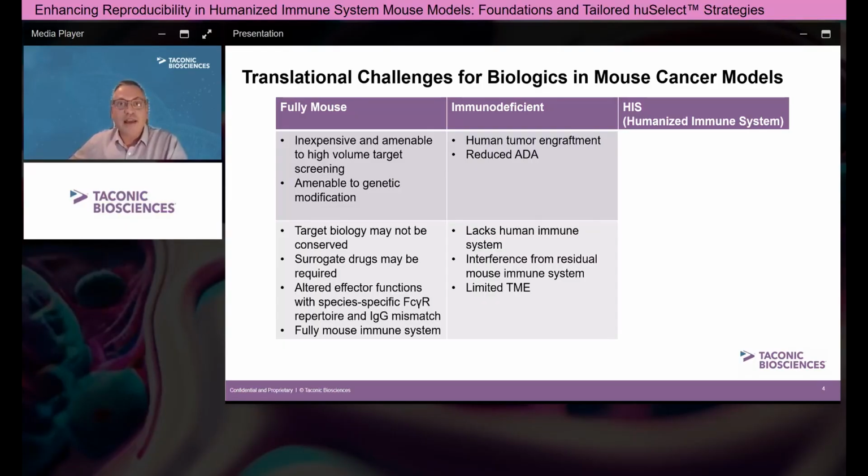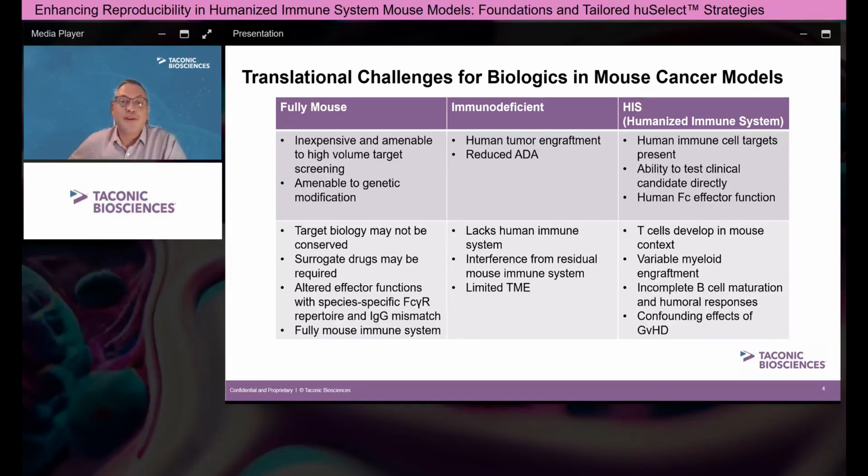However, they do lack that human immune system component, and any immunodeficient mouse is still going to have residual murine innate immune activity, which can actually interfere with your test article, and I'll provide a few examples of that later in the presentation. Finally, in the immunodeficient background, there tends to be a very, very limited tumor microenvironment, which may be important for some studies.